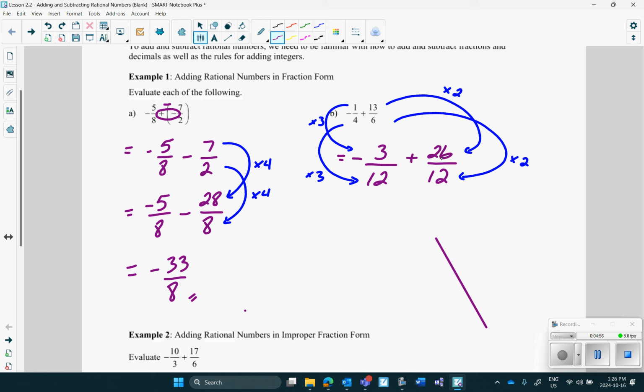Again, watch those negatives. And by the way, when you see something like this, where the negative is sort of halfway in the fraction, this means the same as this. You can put the negative up top. That means the same. Okay?